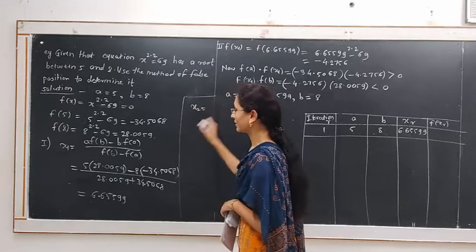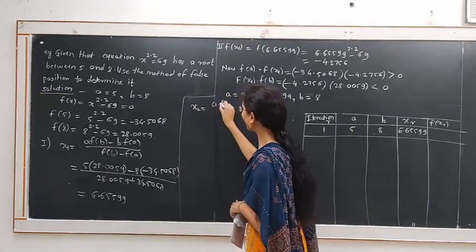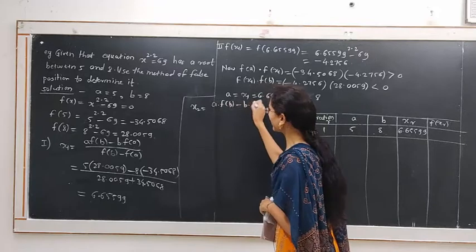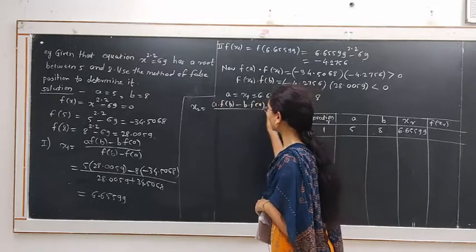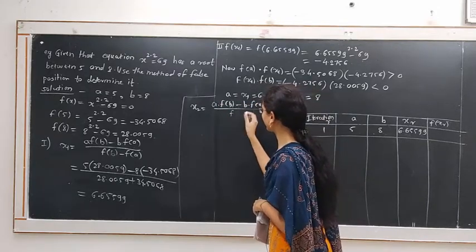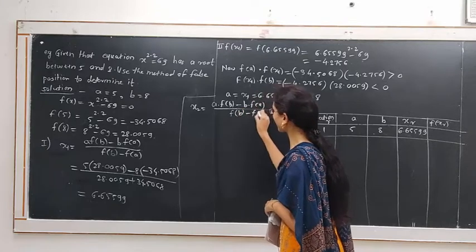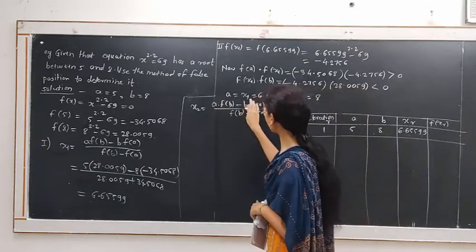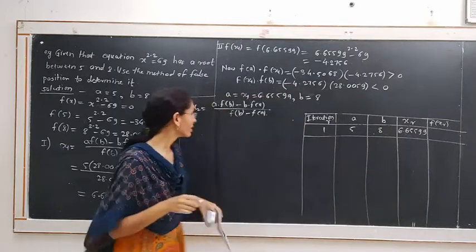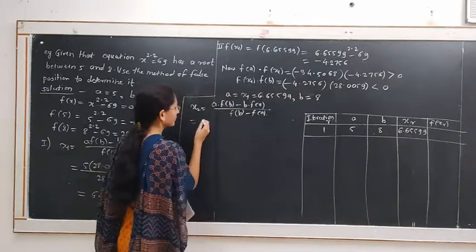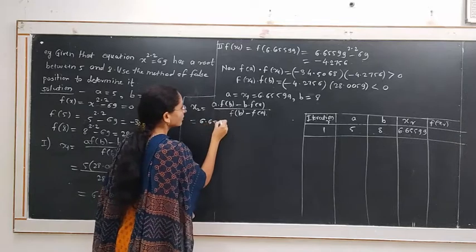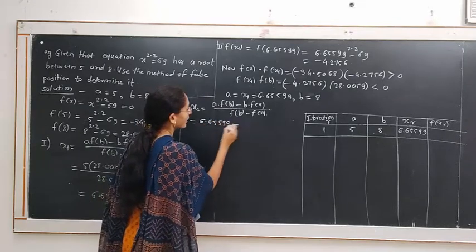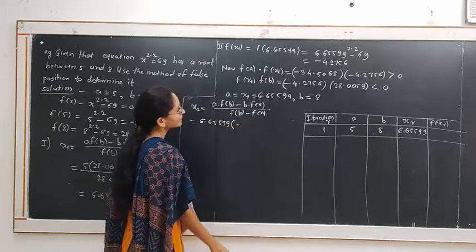x2 is equal to the same formula: a into f of b minus b into f of a, upon f of b minus f of a. The value of a is 6.65599, so 6.65599 into f of b value.